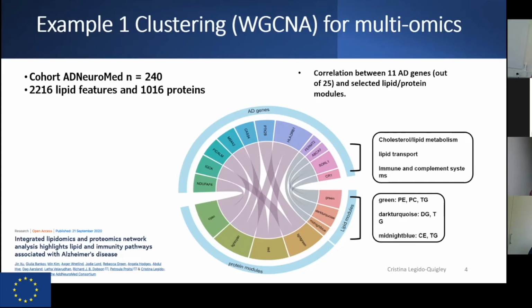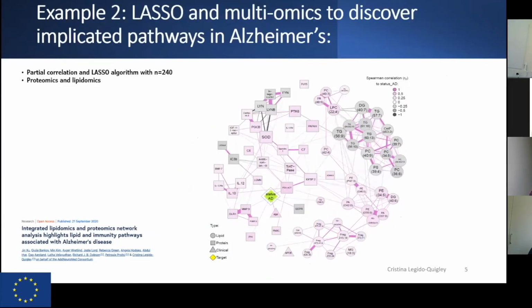This means that we were able to make groups of proteins and lipids that we could then associate with the genes that are known to be risk factors of Alzheimer's disease. And like this, we discovered some of the lipids that are interesting to look at for Alzheimer's disease in a more causal manner.